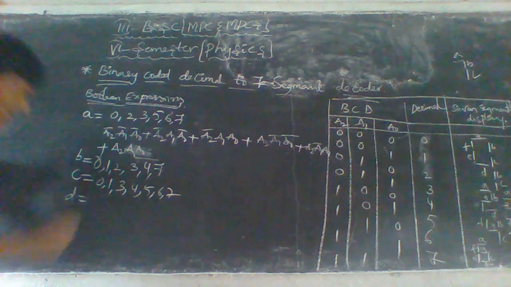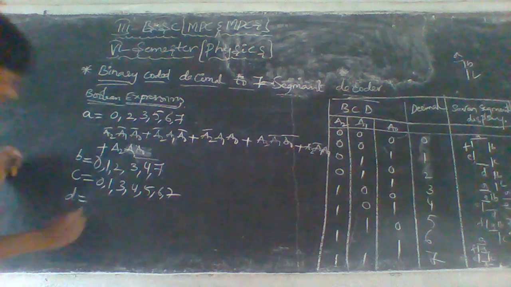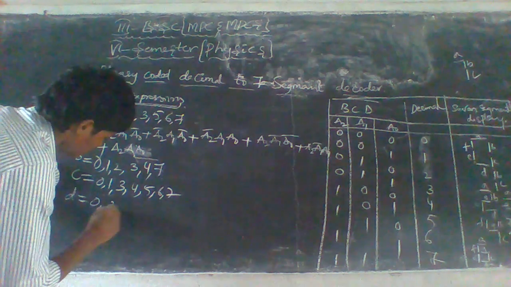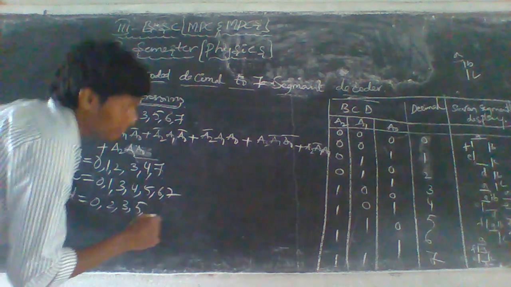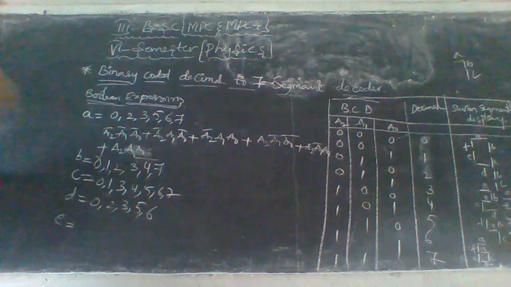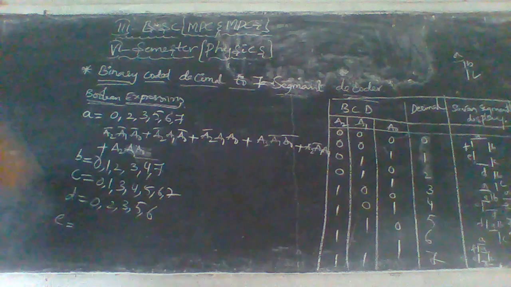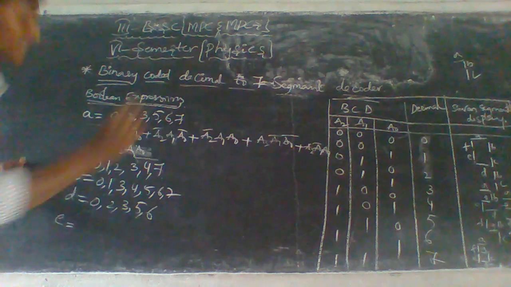So D will be displayed on 0, 2, 3, and 5, and 6. So E will be displayed on only 0 to 6.